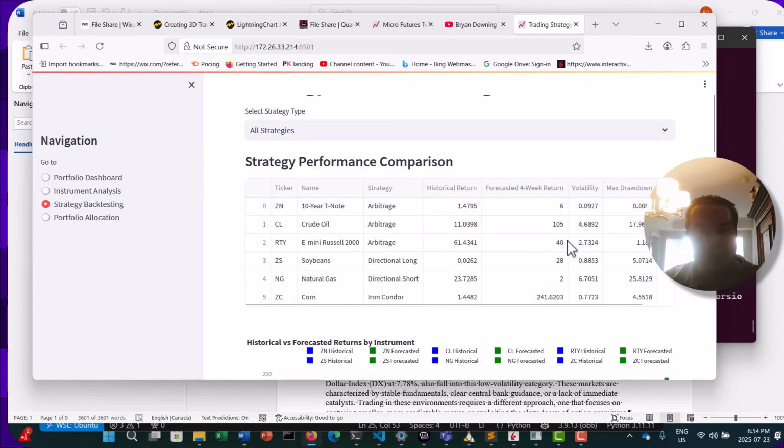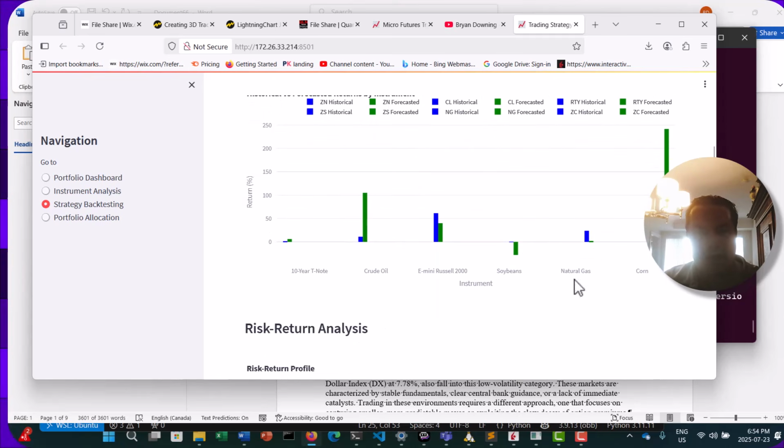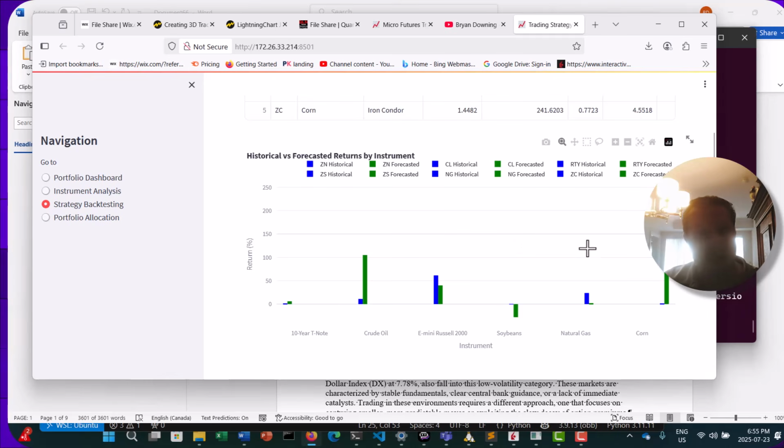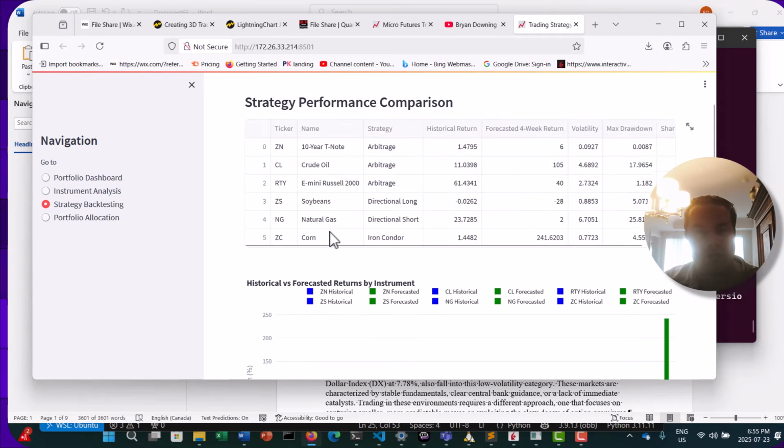So the ones that are giving us the highest return: we have here historical crude oil using arbitrage, corn at 1.44, forecasted 4 week return at 241, and crude oil at 105. So here is the general summary. We've got corn here, it's the projected highest, and then obviously crude as well. And that's using the different strategies here.